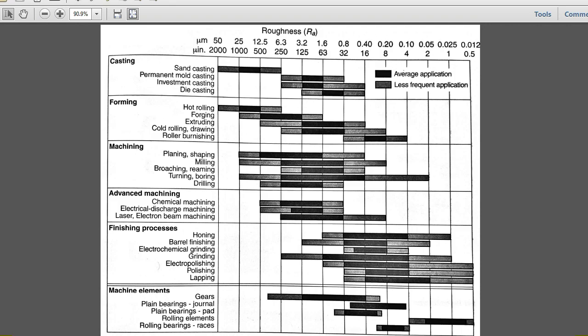And we have journal bearings, plain bearings, and other bearing elements, and you can get a feel for what surface roughness is necessary that people get the life that they need to get out of these different components. So it's a pretty useful graph. And this was taken from Shigley's book, Design of Machine Elements.